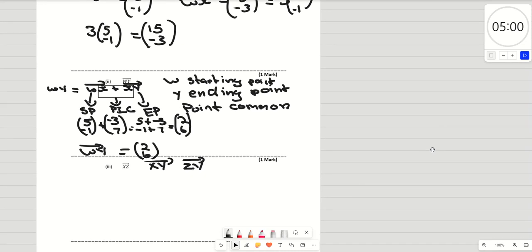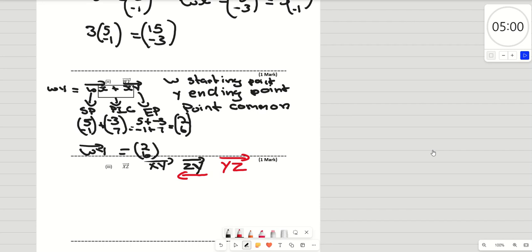However, we want the ending point to be z, right? So instead of going in the direction zy, we will have to go in the opposite direction, and this would be yz.